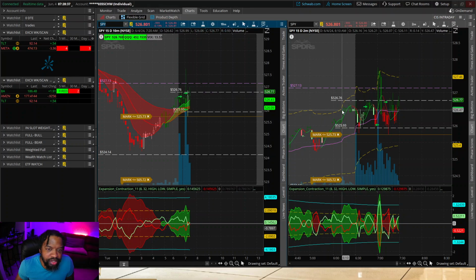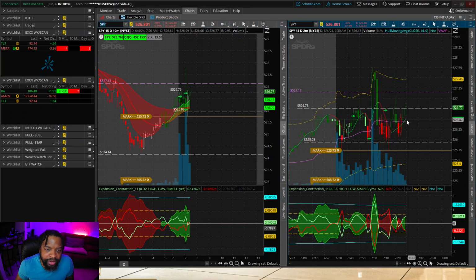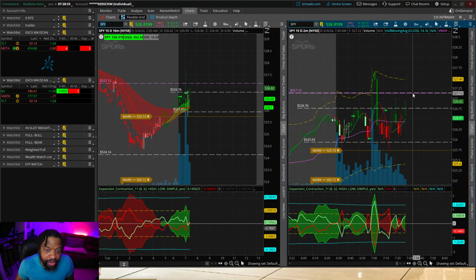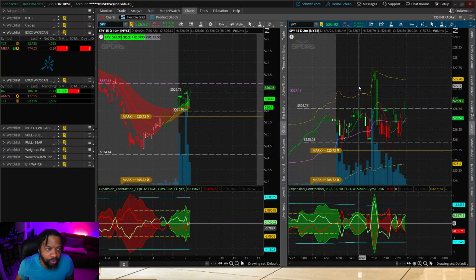There's your SPY. It peekaboos above that range, but remember it's rotating, so this could be a pretty powerful break. It did rotate to the downside a little bit. It's testing this high-low range that we put in, and any break of this is going to be significant. The market's going to see that. If it retests, man, it could potentially give us some juicy upside here.